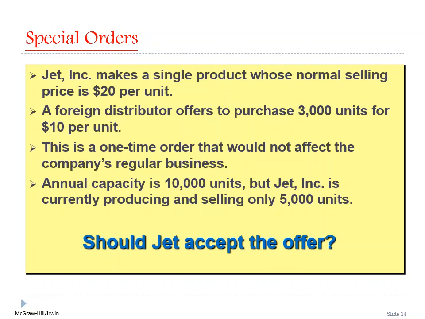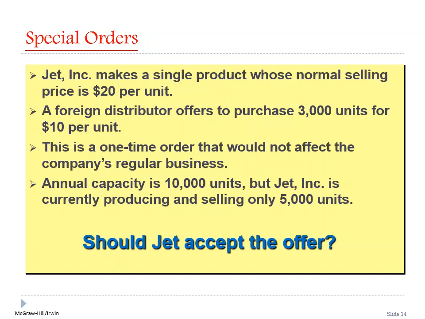This is a one-time order that wouldn't affect the company's regular businesses. Annual capacity is 10,000 units, but Jet Inc. is currently producing and selling only 5,000 units. The question here is, should Jet accept or reject this offer? يبقى اعطيني هنا some information about this company، وبيسأل should it accept or reject this offer.